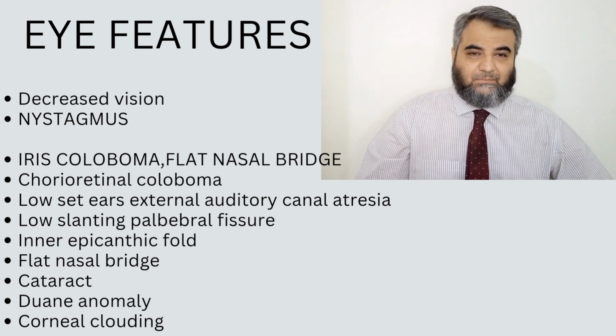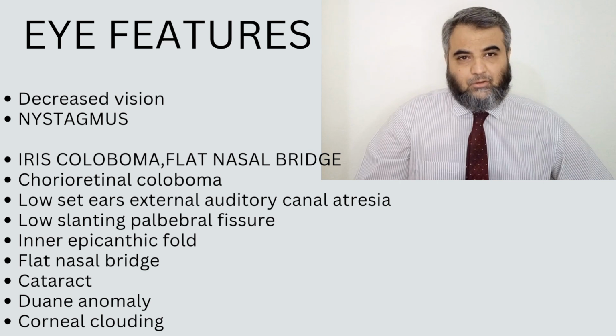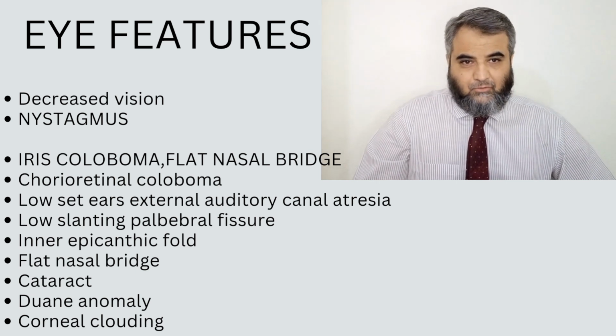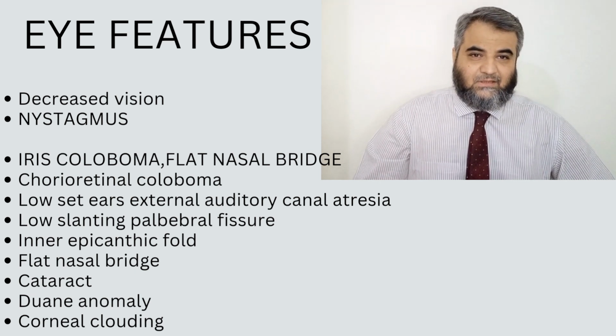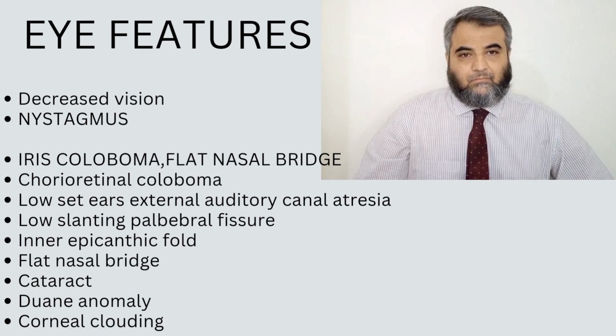These may later on develop cataracts also, and sometimes there is corneal cloudiness, and they may also present with Duane's abnormality. So these are a few features of cat's eye syndrome, but the most important and prominent is the iris coloboma, choroid, retinal colobomas in the eyes.